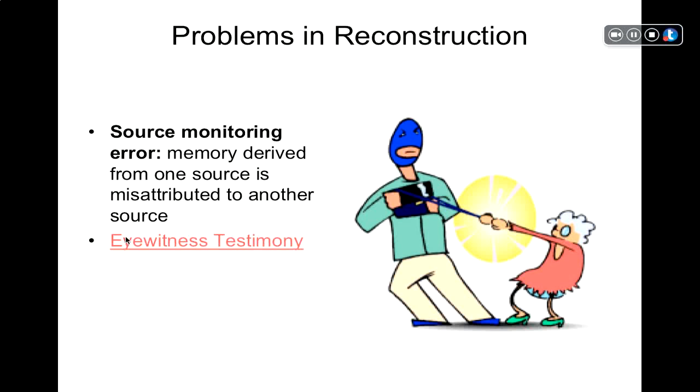But essentially what source monitoring error has to do with is that we attribute a memory to a particular situation or person or event when it actually had nothing to do with that person, situation, or event. Right? So I'll give you an example. It's a horrific example, but an example nonetheless.